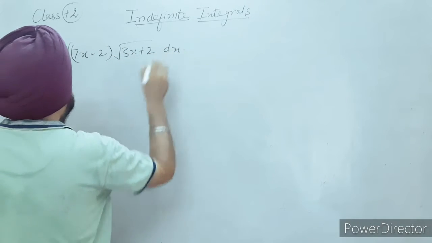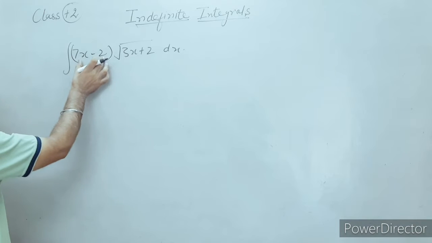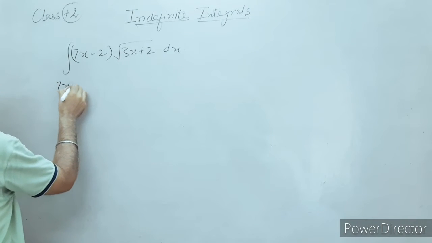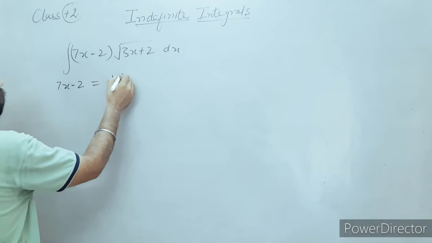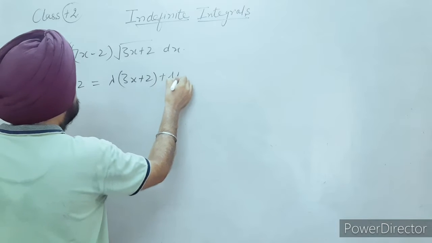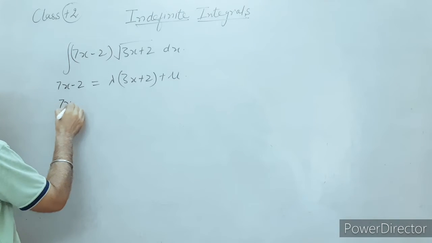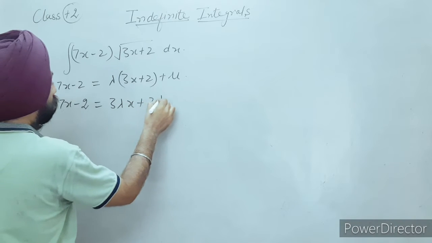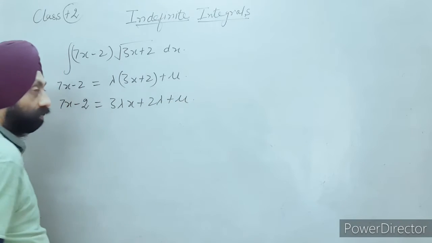3x plus 2 dx. Now linear into under root of linear: linear equals lambda times 3x plus 2 plus mu. Open the brackets: 7x minus 2 equals 3 lambda x plus 2 lambda plus mu.